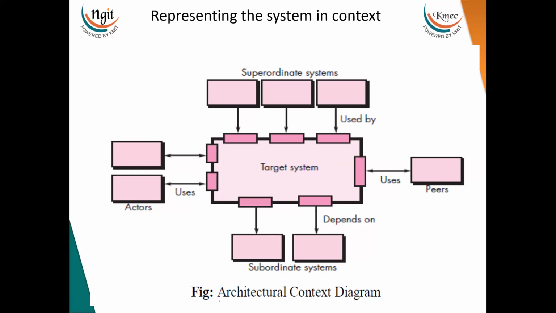Clear? Now you can see the actors are present, subordinate systems are there, peers, as well as the superordinate systems. Superordinate systems use the target system. You can see the connection between the peers and actors as well as subordinate and superordinate systems to the target system.